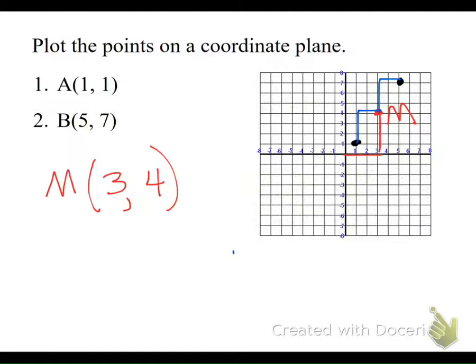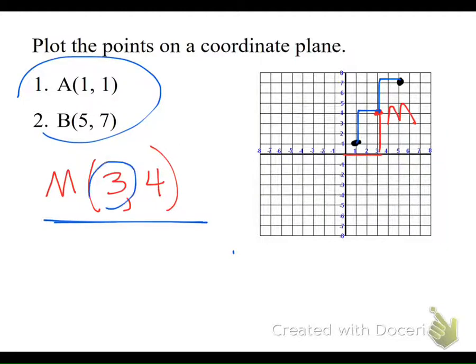All right, but we don't want to have to graph every time we're trying to get the midpoint. So let's compare this midpoint now with our original coordinates. Literally, this 3 is the average of the x's. Add up the 2 x's and divide by 2. 1 plus 5 is 6. Divide by 2, you get 3. Is 3 in the middle of 1 and 5?